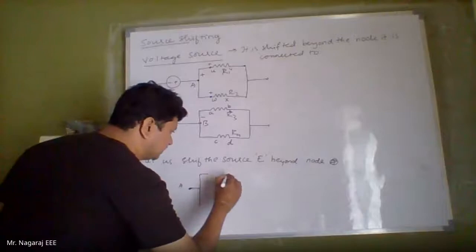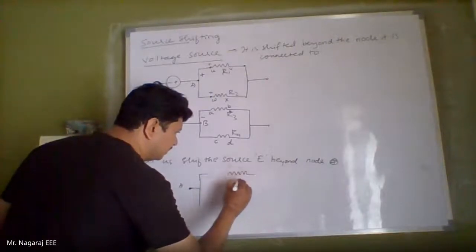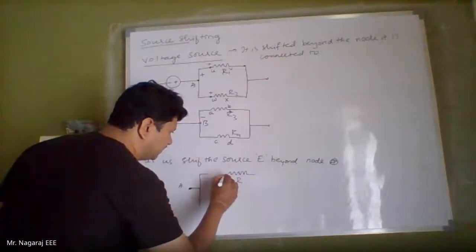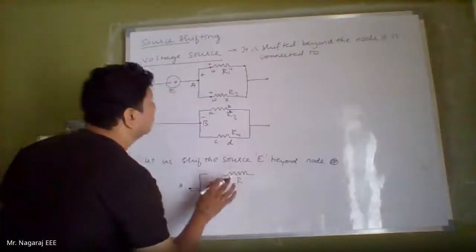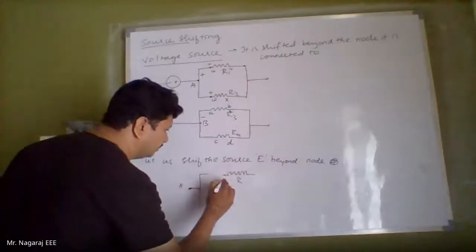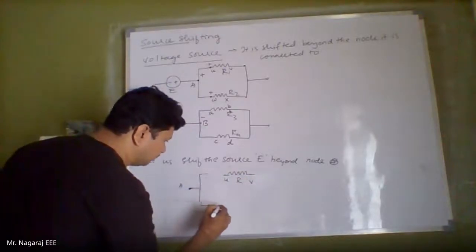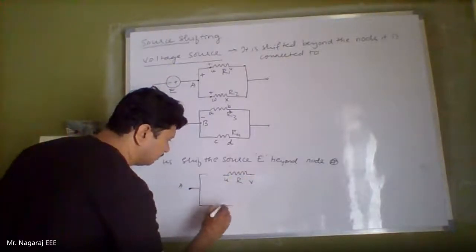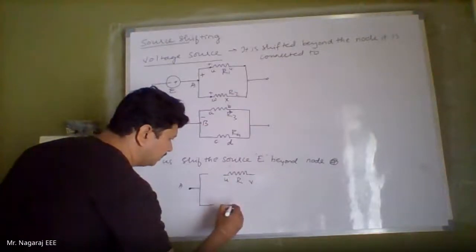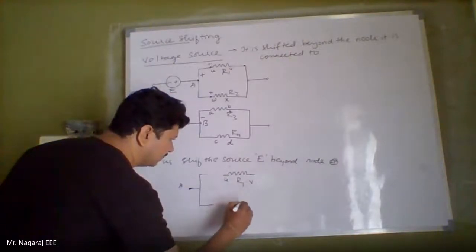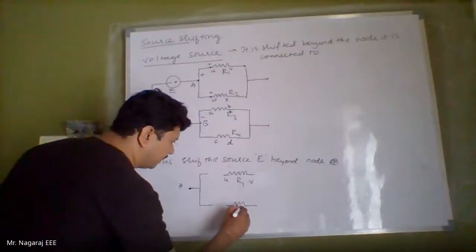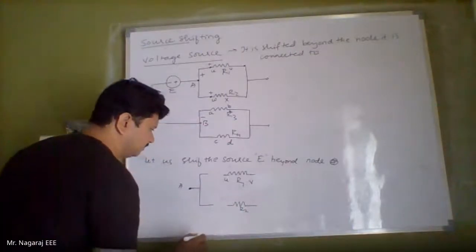Now this is resistance R1. This is terminal W, this is terminal U, this is terminal V. This is R1. This is R2.